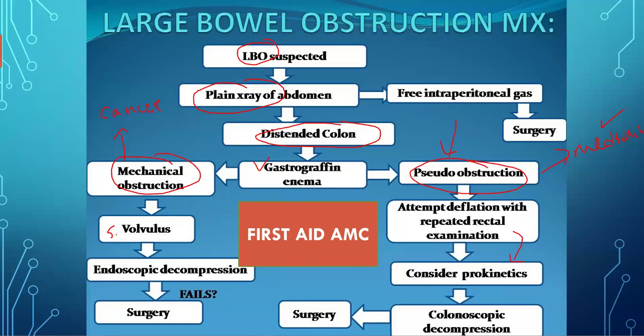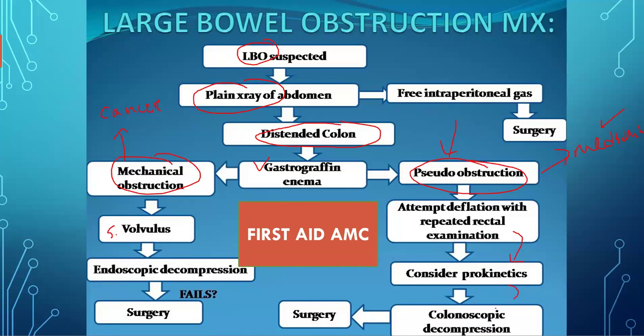Yes, metoclopramide, domperidone, these are all prokinetic, but for this case, neostigmine, physostigmine, these are usually the common ones that we use. So you'll use the neostigmine and see if it is getting better.